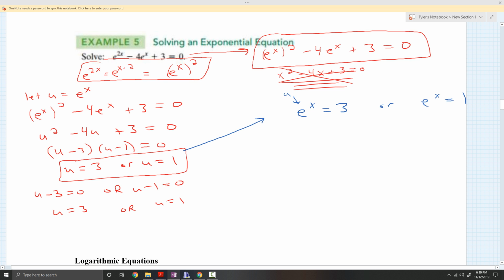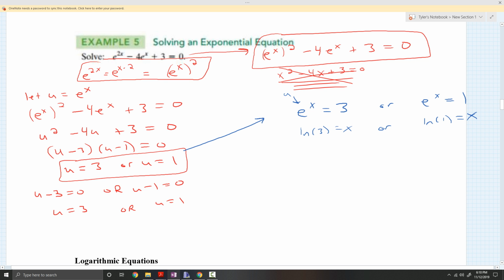So I could rewrite this e to the x equals 3 in its logarithmic form. That would be the natural log of 3 equals x, or the natural log of 1 equals x.